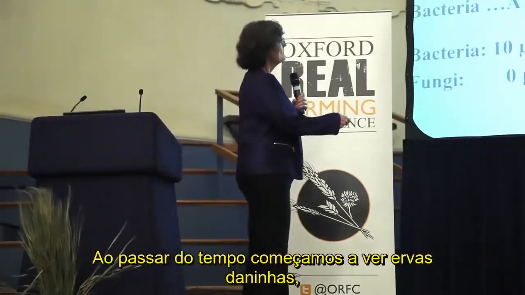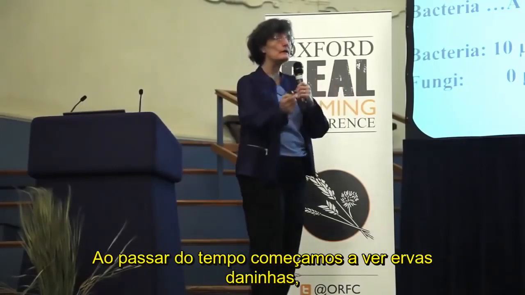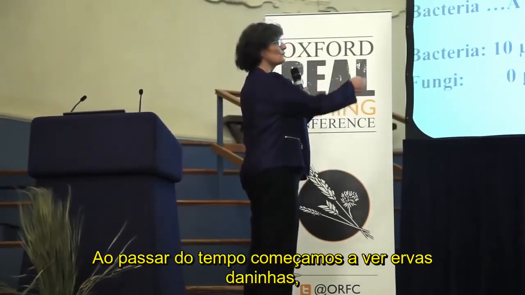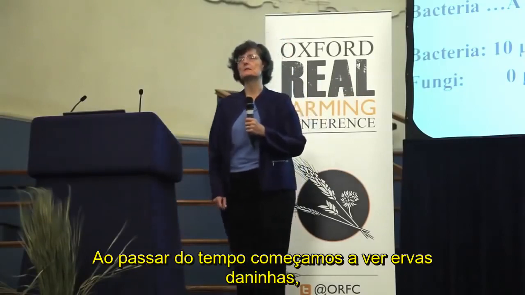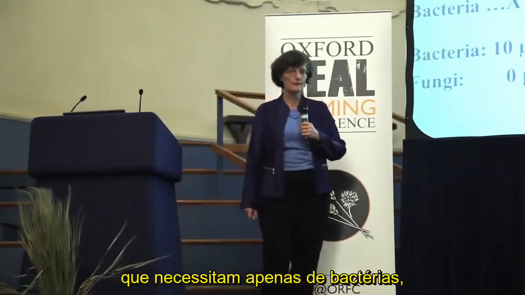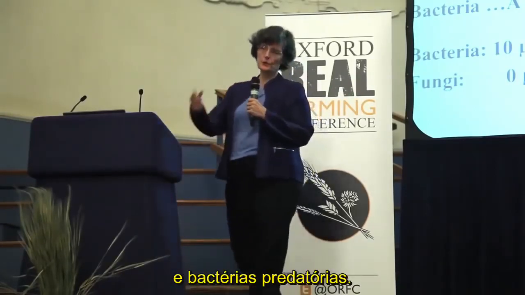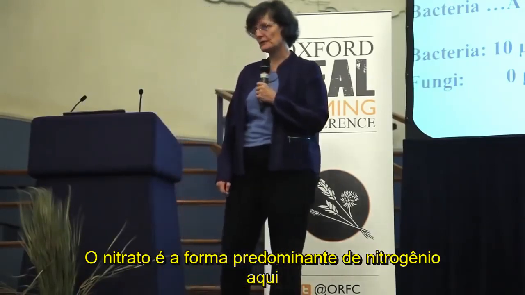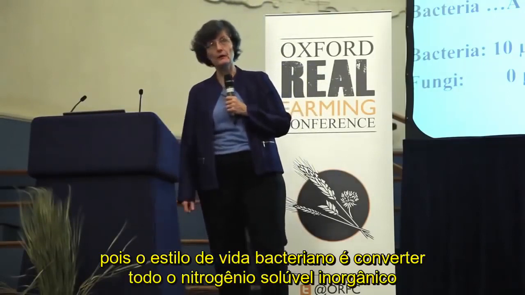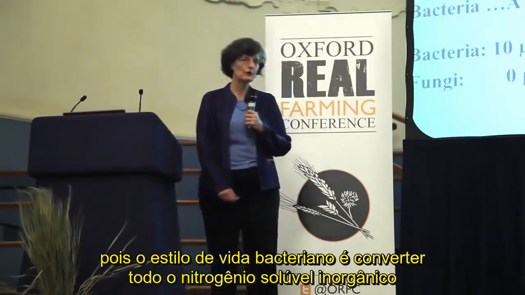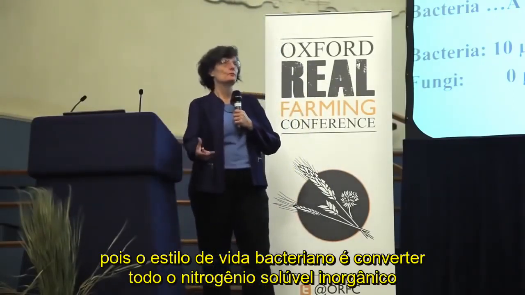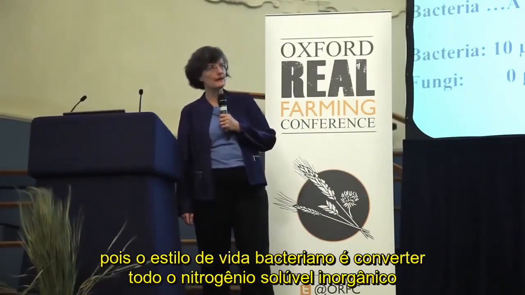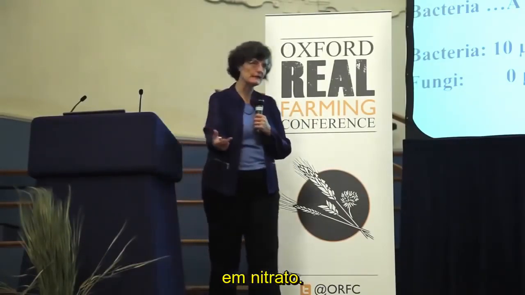Over time, because we're starting to grow weeds, we have set the stage for the weedy species that only require bacteria and bacterial predators. Nitrate is the predominant form of nitrogen here because it is the bacterial way of life to convert all of our soluble inorganic nitrogen into nitrate.